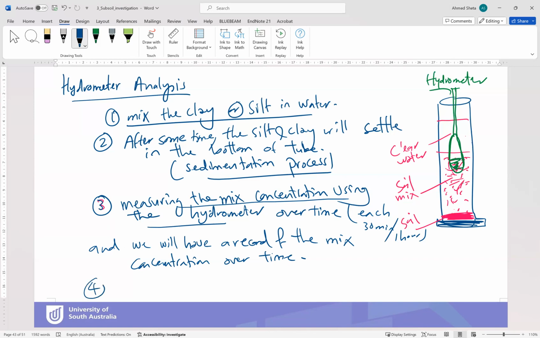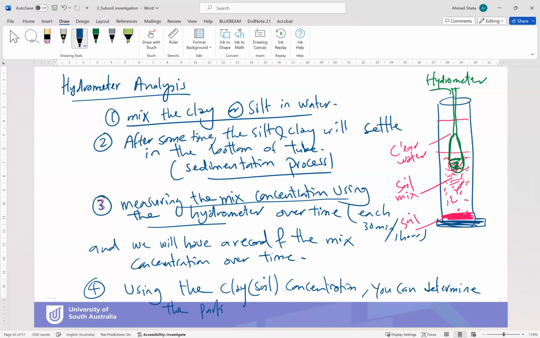And using this concentration, the clay or soil concentration, you can determine the particle size of the soil, of clay or silt. Okay, so this is a brief explanation of the hydrometer test for fine soil, which includes silt and clay.